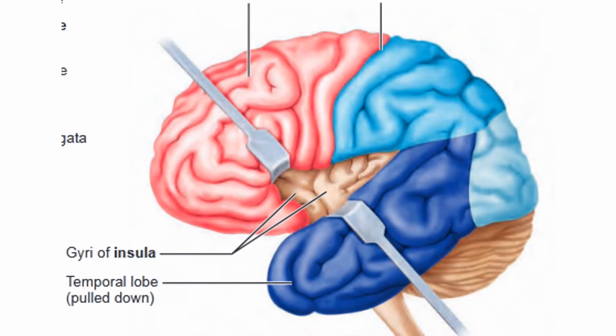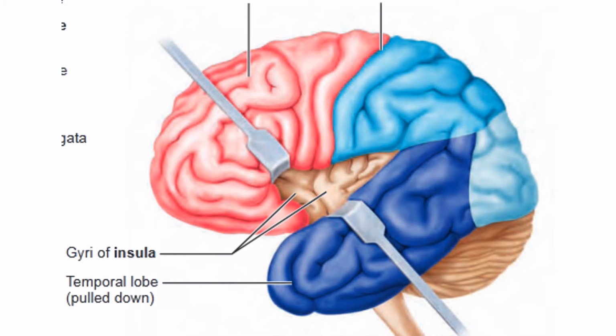Now we have seen 4 lobes. We have seen the frontal, the parietal, the occipital, and the temporal. Now the question is, are these all the lobes of the brain? The answer is no. There is a 5th one which we cannot see on the surface, but we can see it when we separate the lateral sulcus.